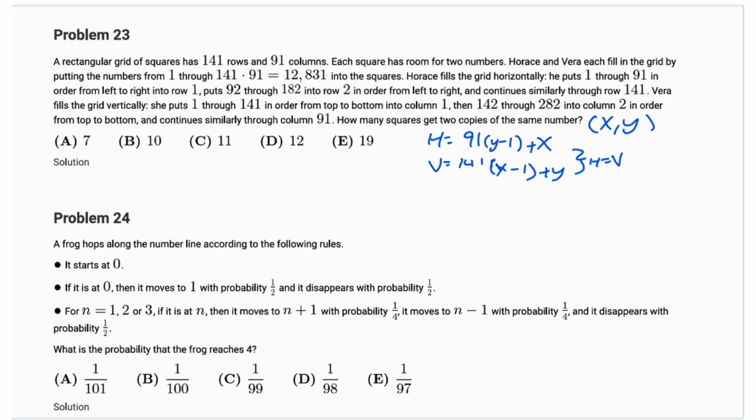So what this gives us is that 140x minus 90y is equal to 50. And we can divide both sides by 10 to get 14x minus 9y is equal to 5.